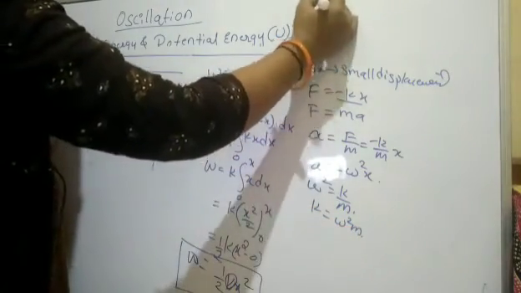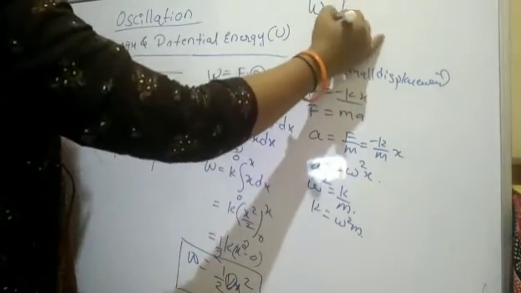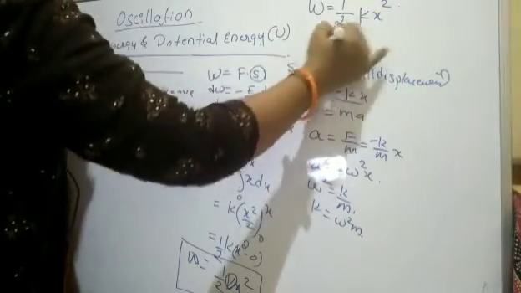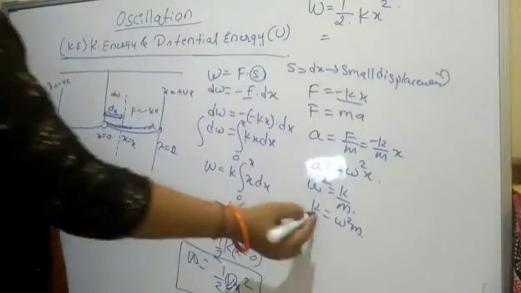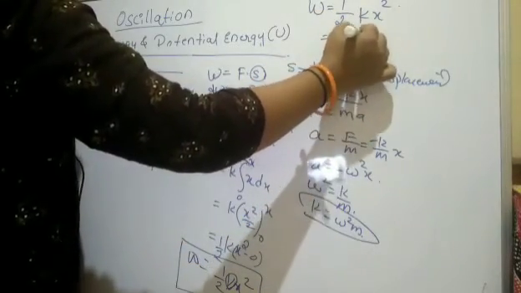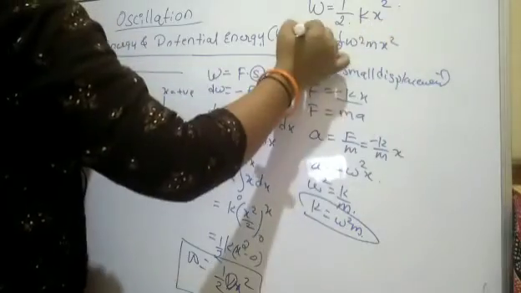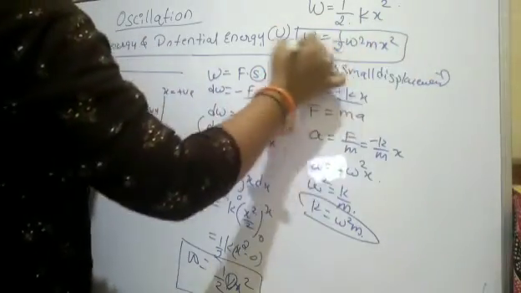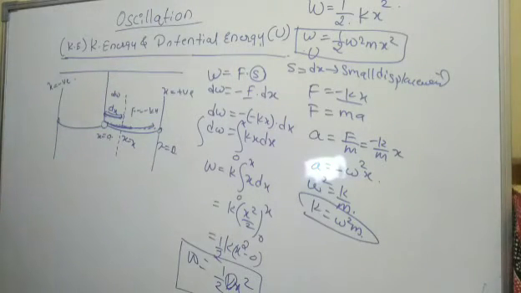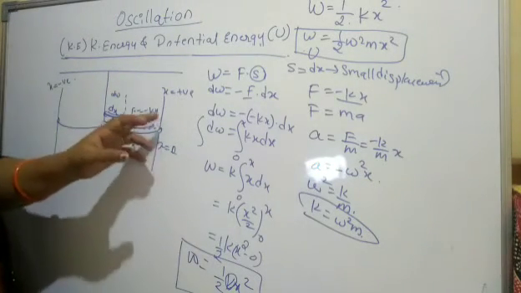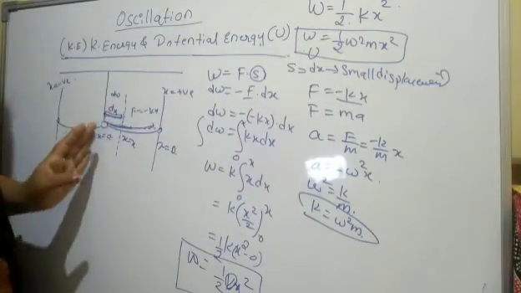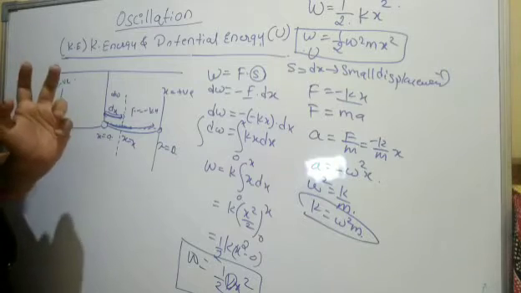So what we get? Work done is equal to 1 by 2 kx square. In place of k, just substitute omega square m. So 1 by 2 omega square m x square. So this is work done, and this work done is equal to the potential energy. So u is equal to half omega square m x square. This is the potential energy experienced by the particle when it is executing the simple harmonic motion.